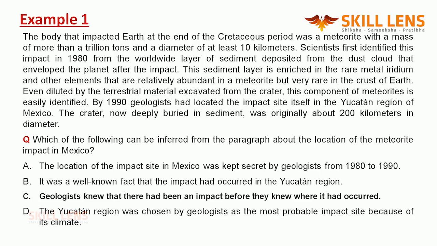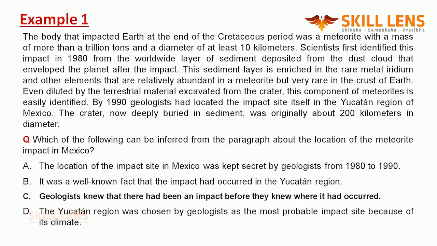This is also wrong. You can eliminate it because climate isn't named as a factor in the discovery. Nowhere here do we talk about the climate of a certain place that helped in the discovery. So as such, we also eliminate option D.